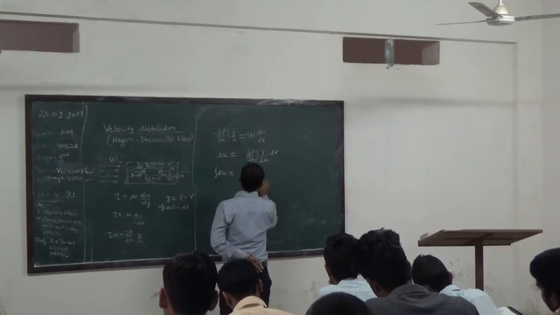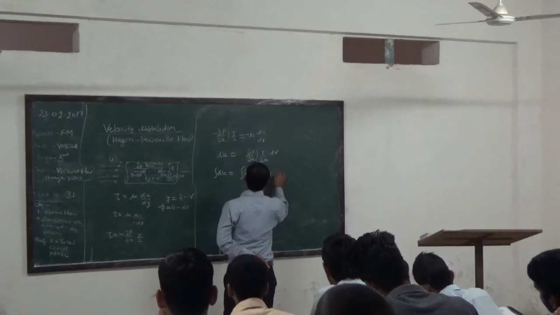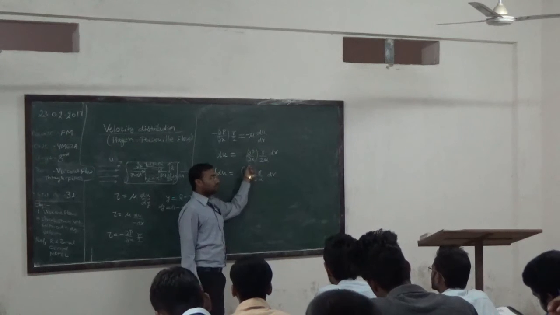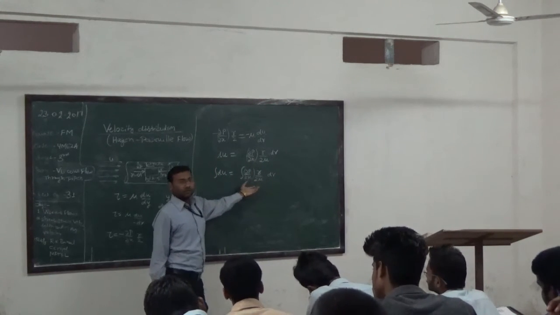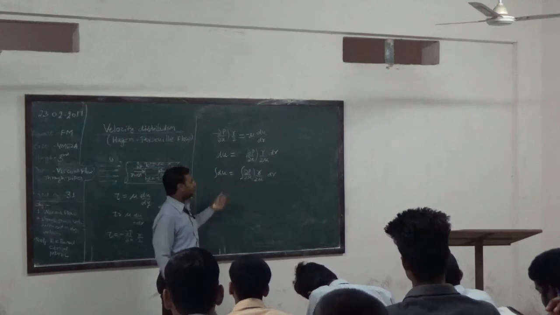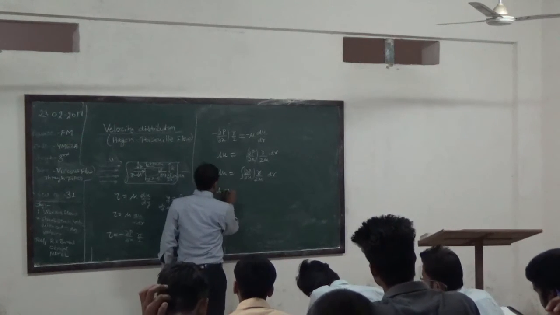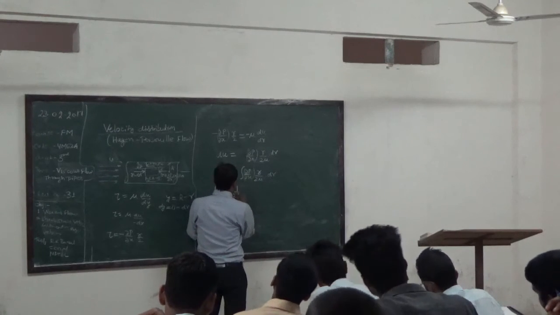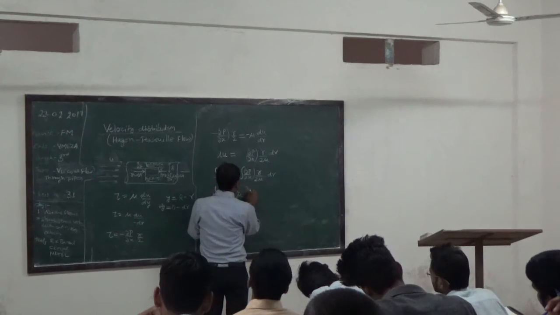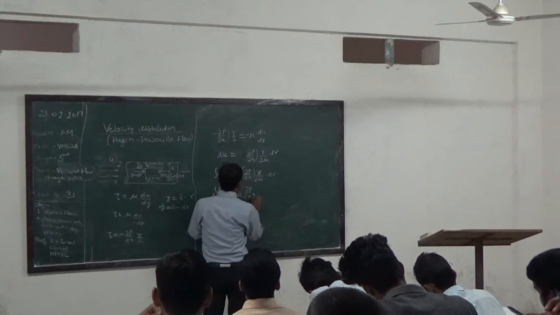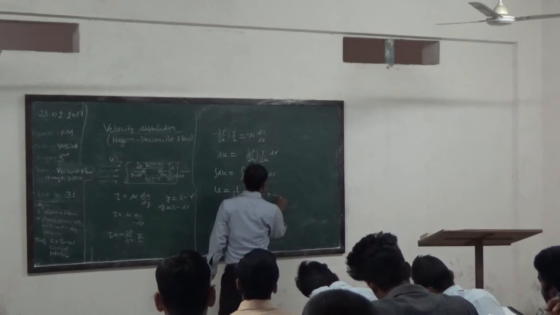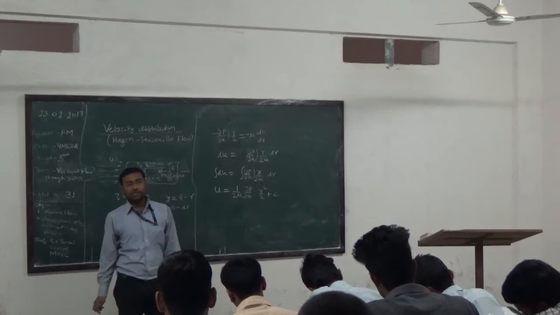Except r, all terms are constant, so they will be outside the integration. After the integration, u is equal to 1 upon 2 mu into del p by del x into r square by 2 plus c, the constant of integration.